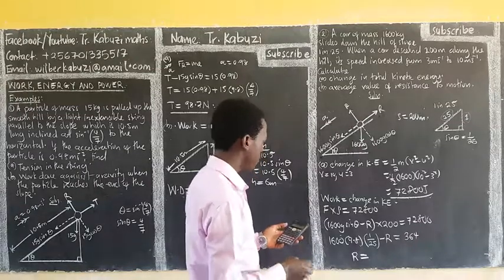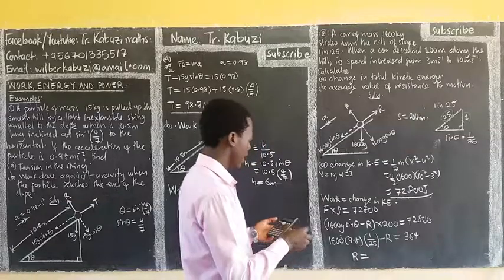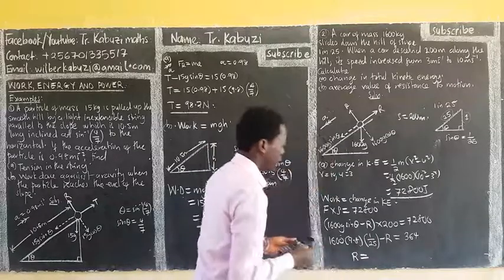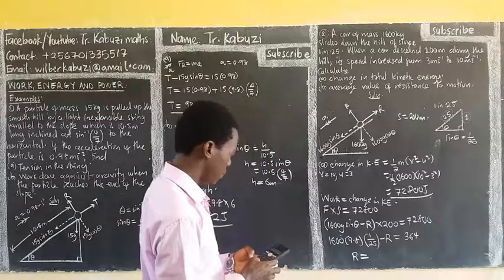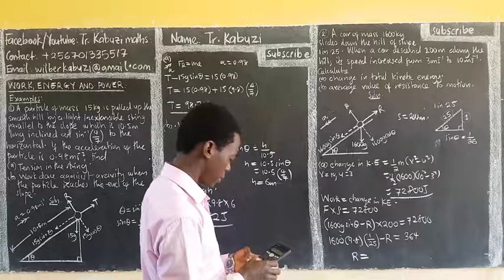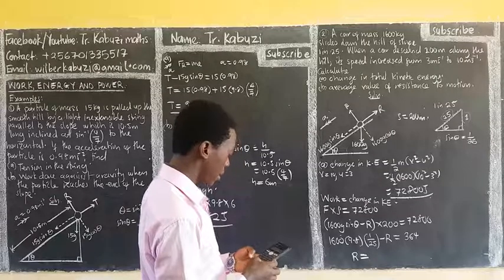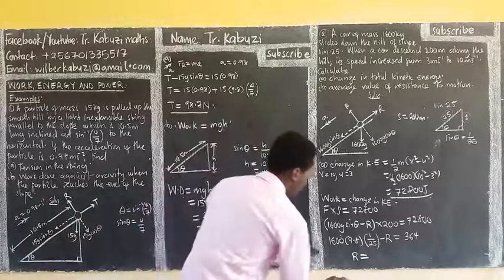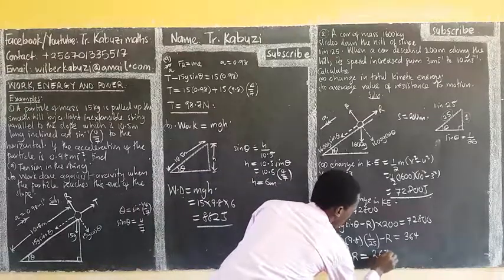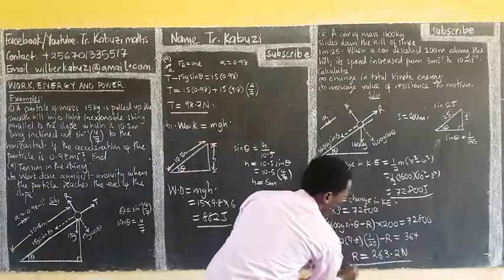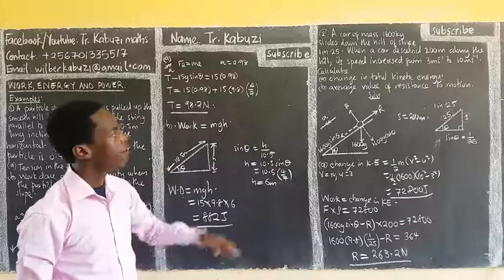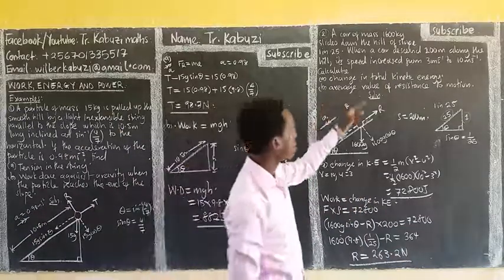Here I'm getting the answer as 263.2 newtons. That's going to be the average value of resistance in motion.